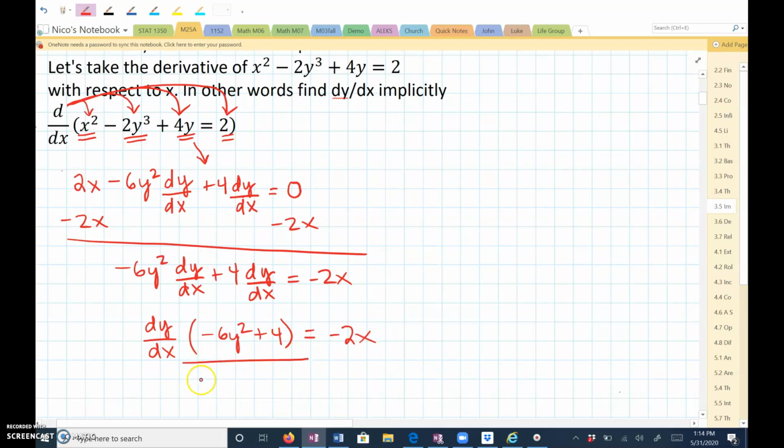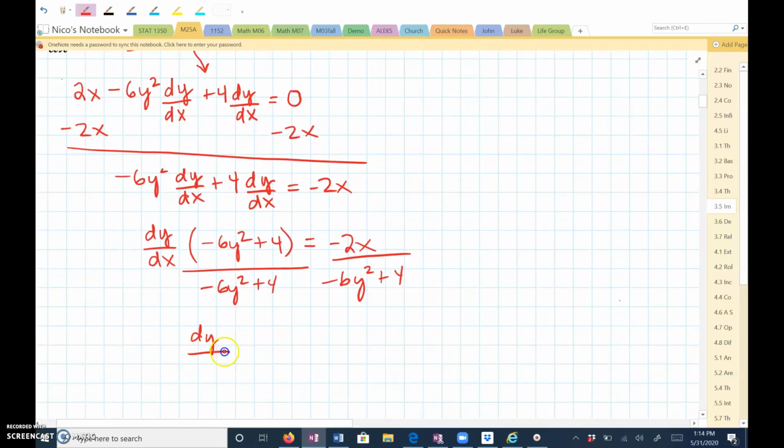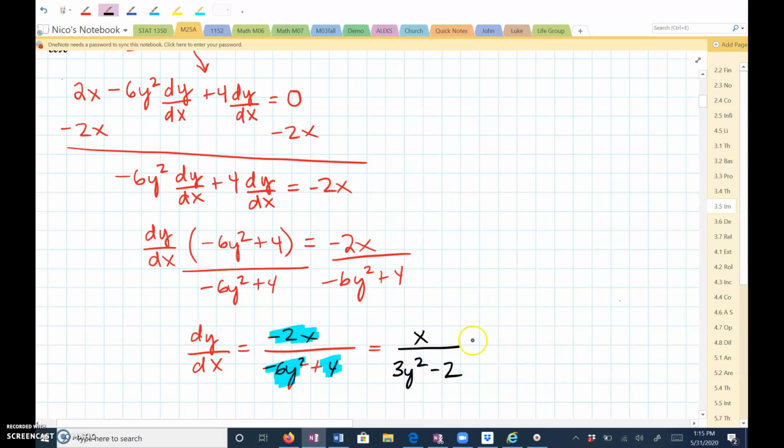Then I could divide both sides by negative 6y squared plus 4. So dy dx is equal to negative 2x all over negative 6y squared plus 4. Then I can divide each of these by negative 2, resulting in x over 3y squared minus 2. So that would be the final answer.